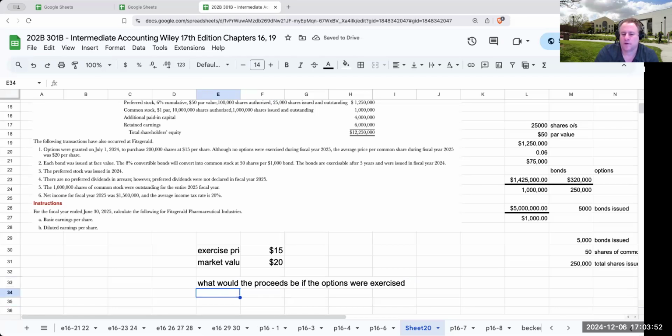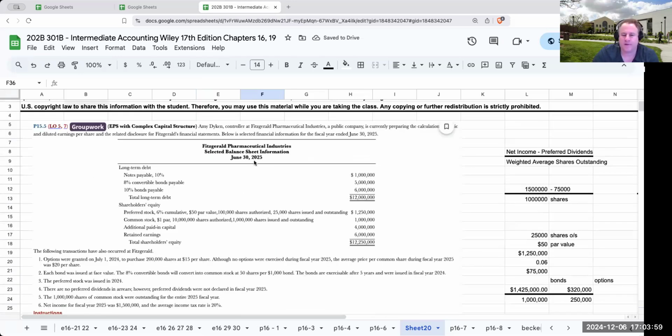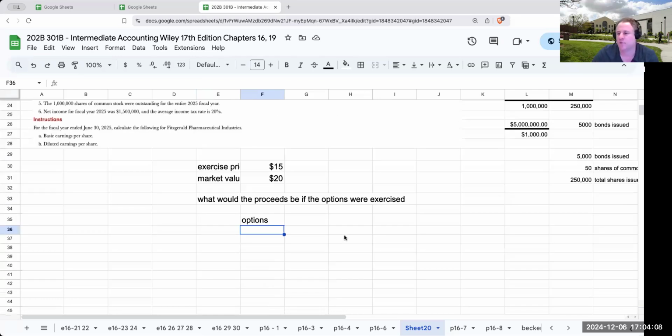Okay, so over here we have options. There were 200,000 options. And again, Wiley uses these crazy dates. They'll go July 1st. It's for a full year. If it wasn't the case, you would have to multiply it by 0.5, but it's what they do.